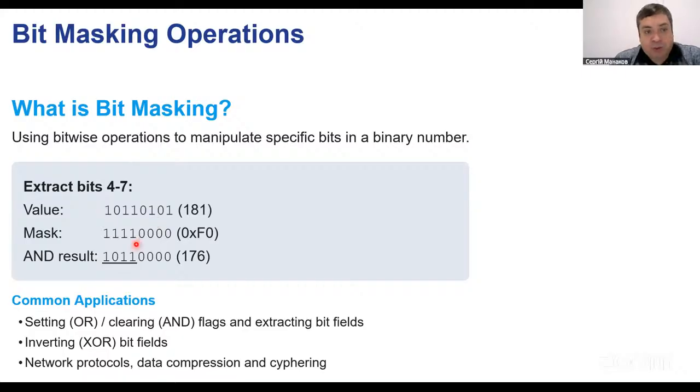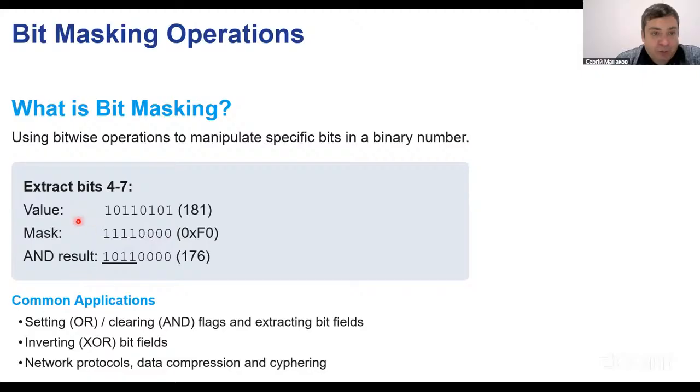Here we can use a so-called mask. It is also a binary number with ones and zeros in proper digits. For our first 4 bits, let's place ones in these positions with zeros in the rest.